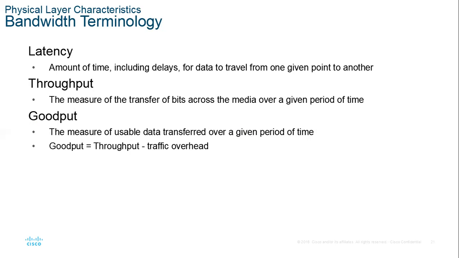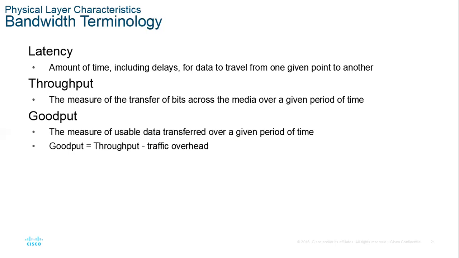The question is, can you get 1 terabyte at the end of the day? That's what brings me to goodput. Goodput is the measure of usable data transferred over a given period of time. So if you're given 1 terabyte, can you utilize 1 terabyte? Or at the end of the day, you just have like 700 something gigabytes.